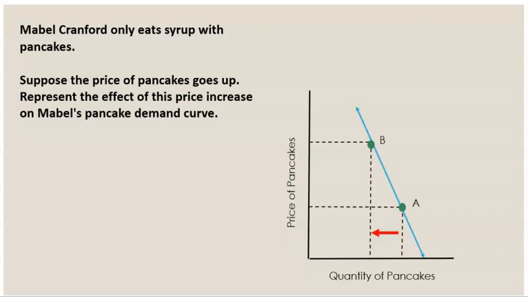Okay, so you should have been able to figure this out by putting at least the first point down on the curve. The first point here would be point A. And then we know the price of pancakes goes up. So we're just going to start here.